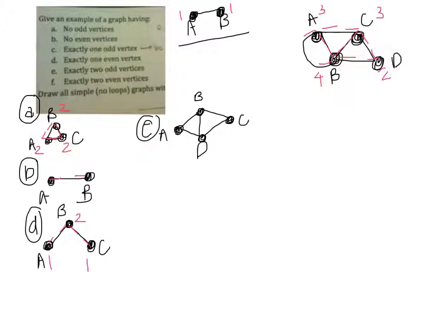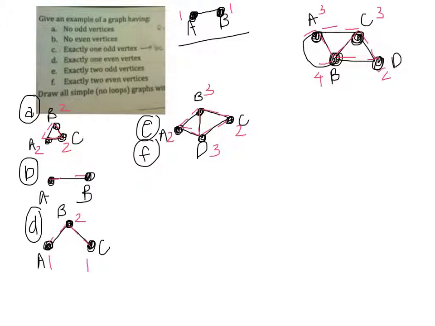So for A, you have 2 edges. B, 1, 2, 3. C looks just like A, so we'll have 2 edges. And D looks just like B, so 3. So we have exactly 2 odd vertices in E. And actually, E satisfies the same requirements as F, because we have exactly 2 odd and 2 even.